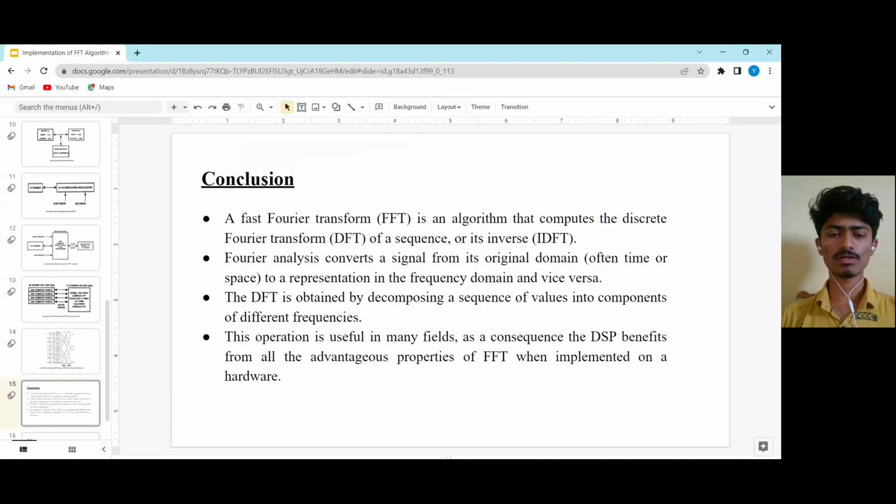So the DFT is basically going to convert the time domain signal into the frequency domain. The DFT is obtained by decomposing a sequence of values into components of different frequencies. This operation is useful in many fields. As a consequence, the DSP benefits from all the advantageous properties of FFT when implemented on hardware.